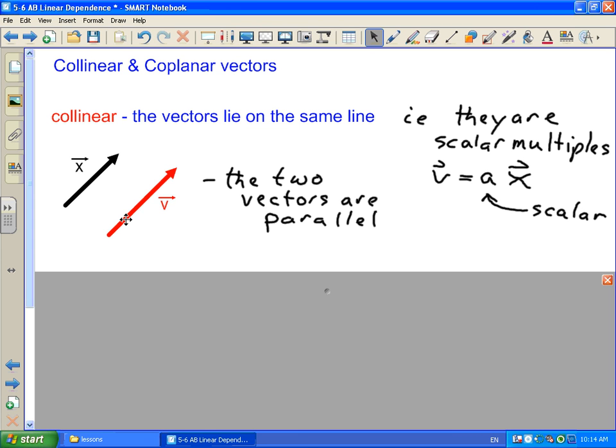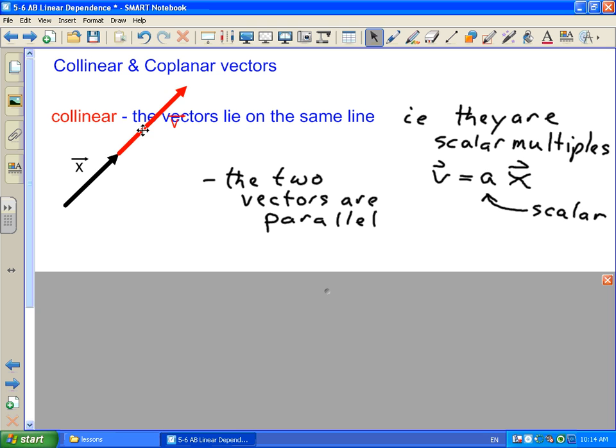But because I can take vector v, and it's still vector v if I move it and put it up there, that means that if I were to put vector v tip to tail in this case, the two vectors would be collinear. So saying that two vectors are parallel is another way of saying that I could move one vector onto the other one and the two would be collinear.